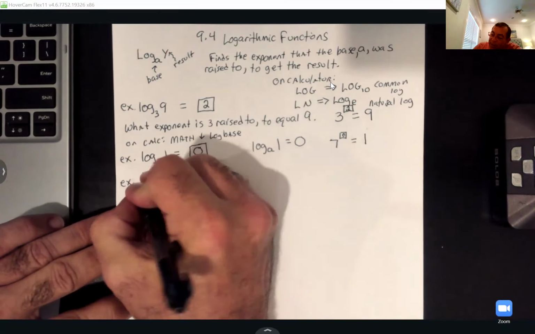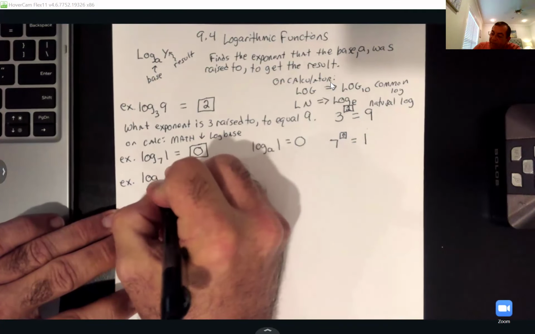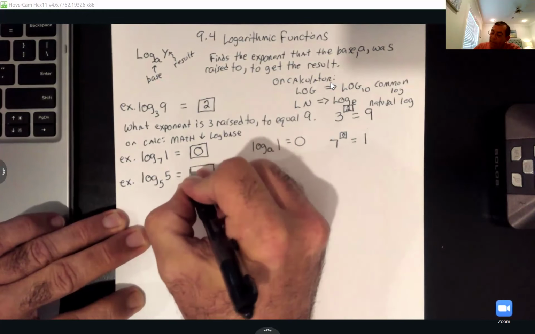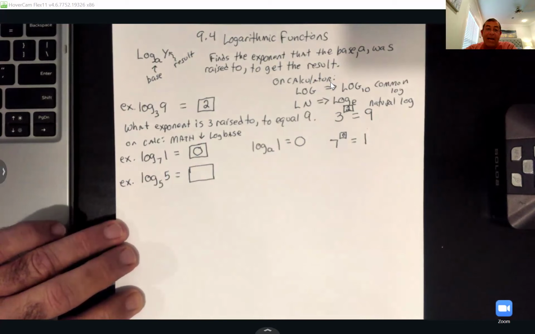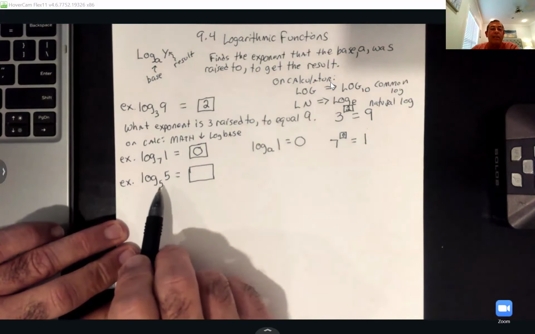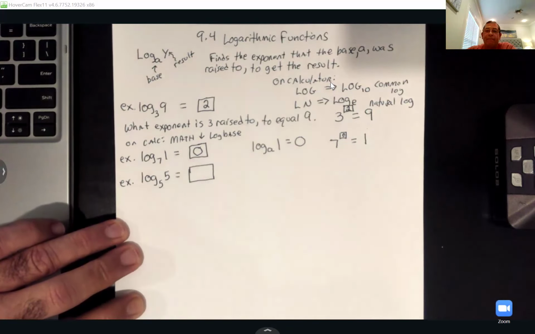All right, y'all, what if I did this? Log base 5 of 5. So you got a base of 5. What exponent would you raise this 5 to turn it into a 5?